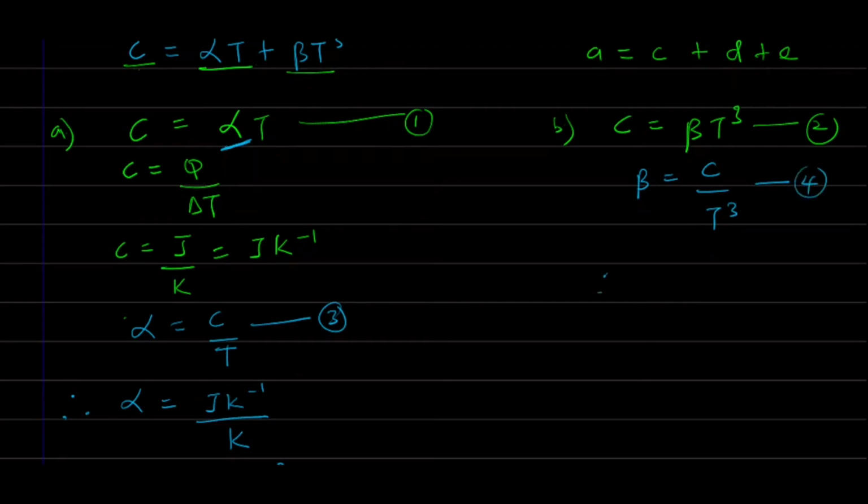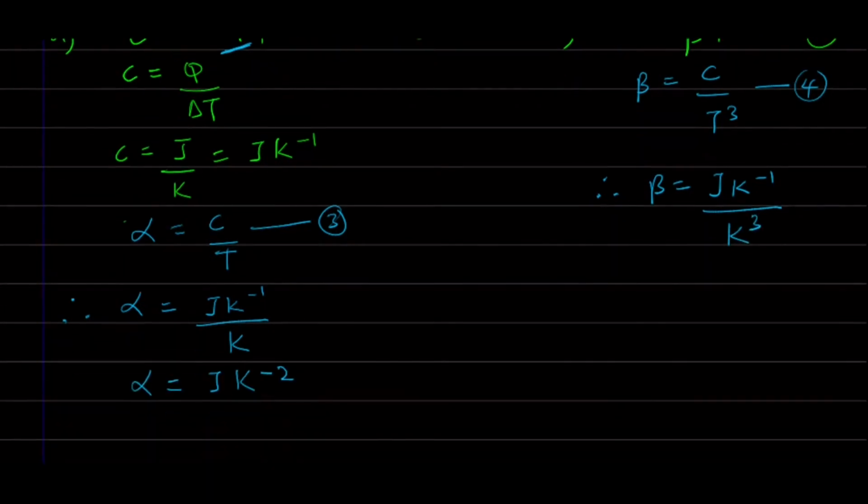Therefore, beta is equal to the unit of heat capacity, joule per Kelvin, while the unit of temperature is Kelvin. In that case, we have it raised to power 3. To simplify this, we write beta is equal to joule per Kelvin raised to power minus 4, Kelvin raised to power minus 4 rather.